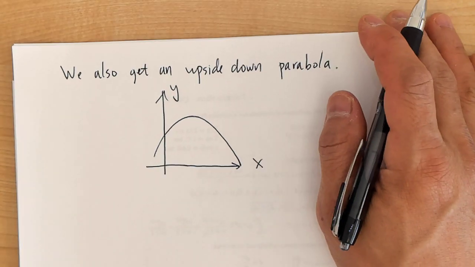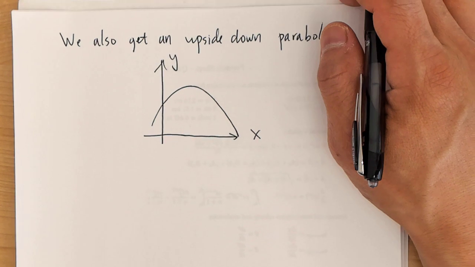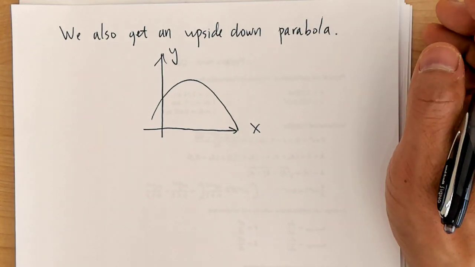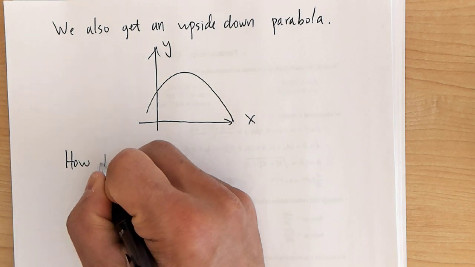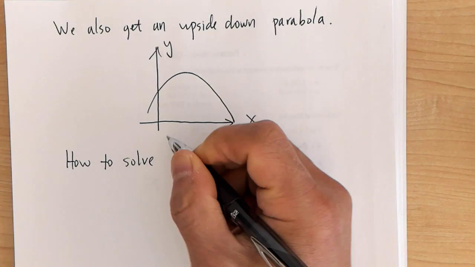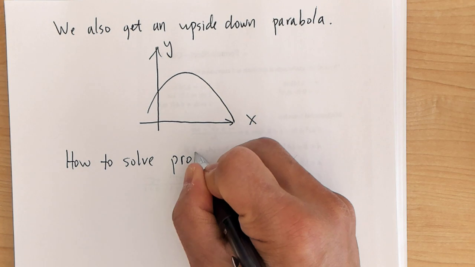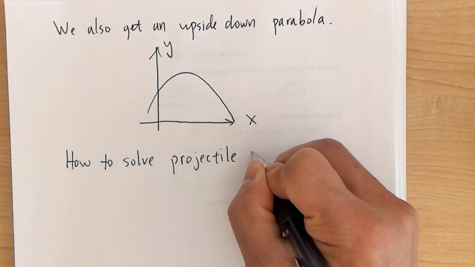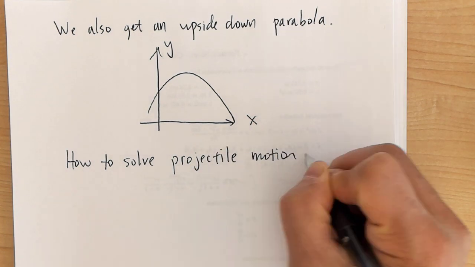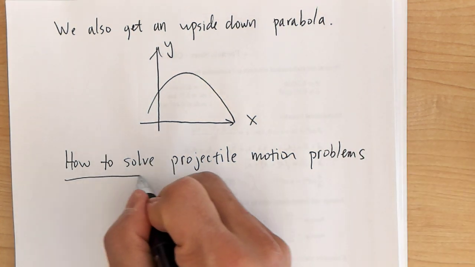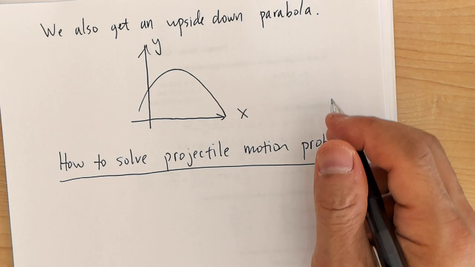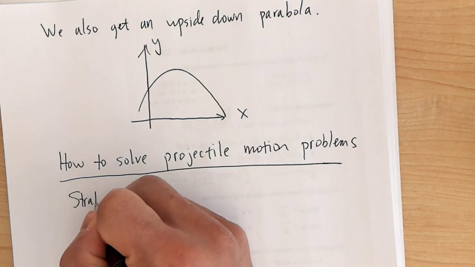So I told you in the x direction we have constant velocity, in the y direction we have constant acceleration. Let's talk about the strategy for how to solve projectile motion problems, because these can get a bit complicated. But if you know the basic strategy, you can solve all these problems. So let me first tell you the key points.